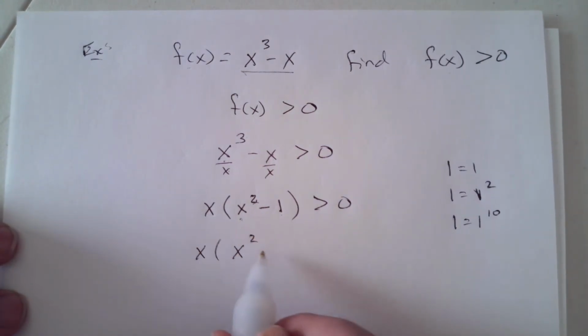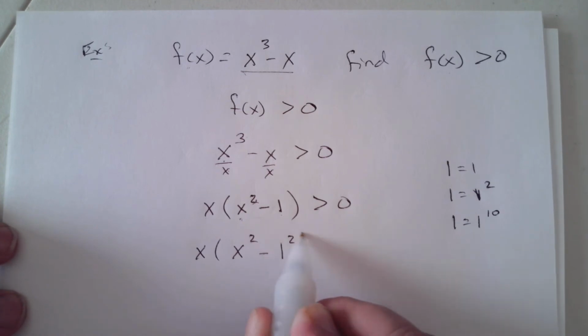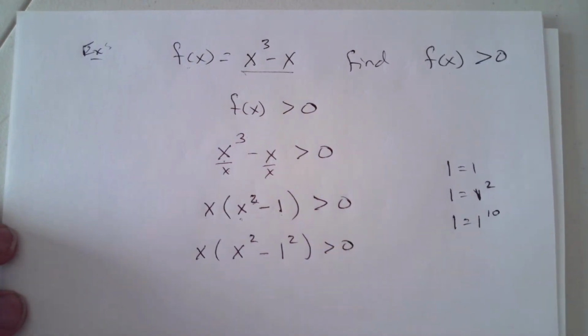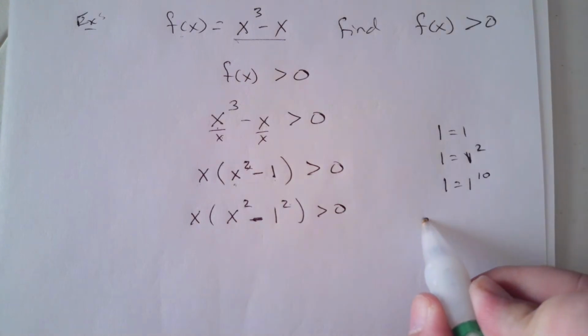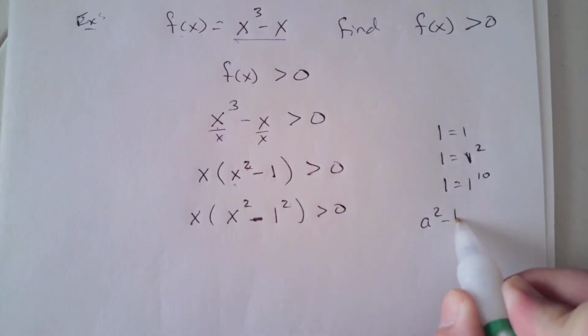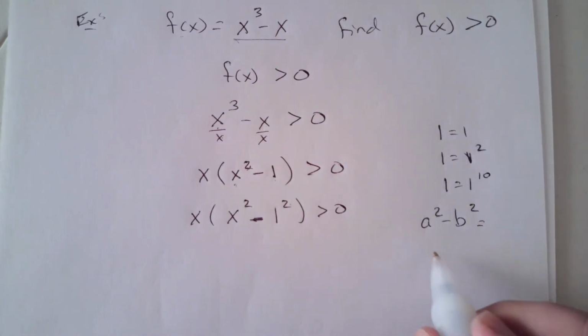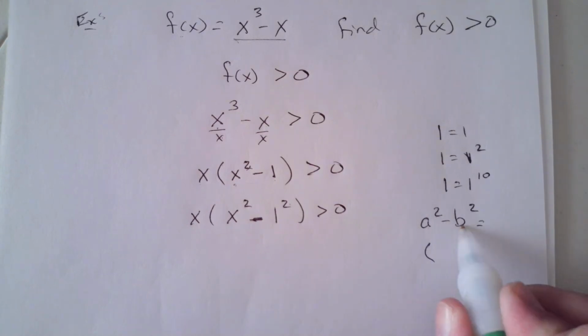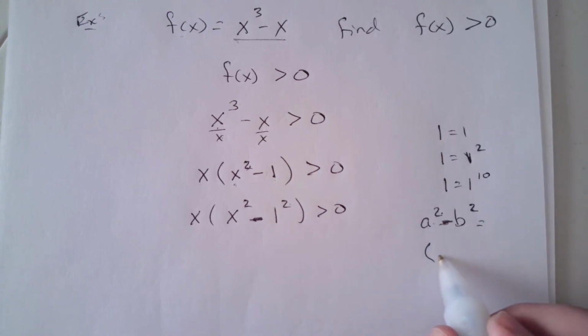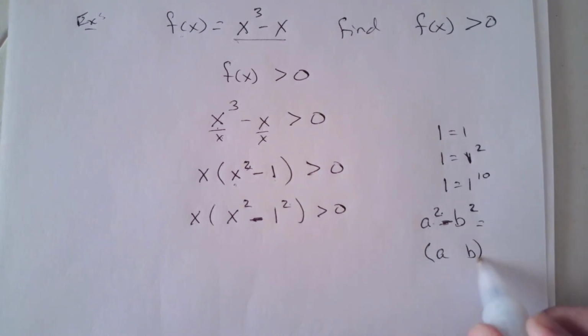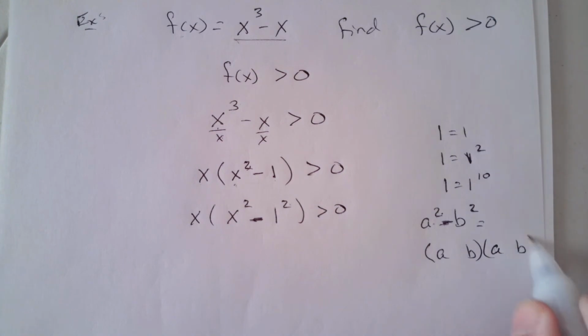Why is that important? Because in this case, I have the difference of two squares. The difference of two squares has this formula. If you have two terms that are squared terms, perfect squares, with a minus between them, it factors as (A plus B)(A minus B).